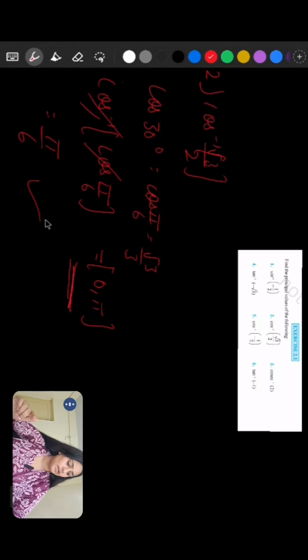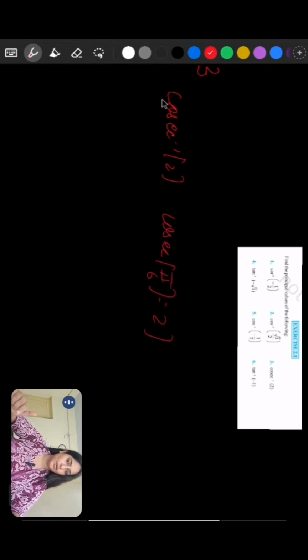Let's move on to question number 3, which is cosec inverse 2, and we know that cosec pi by 6 is equal to 2. So as in the above question, we will put the same value here: cosec inverse of cosec pi by 6.